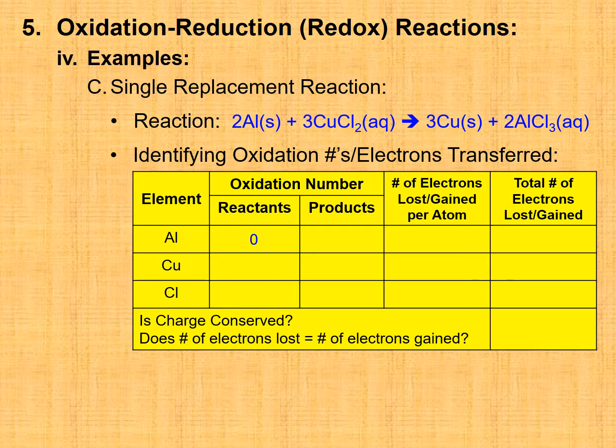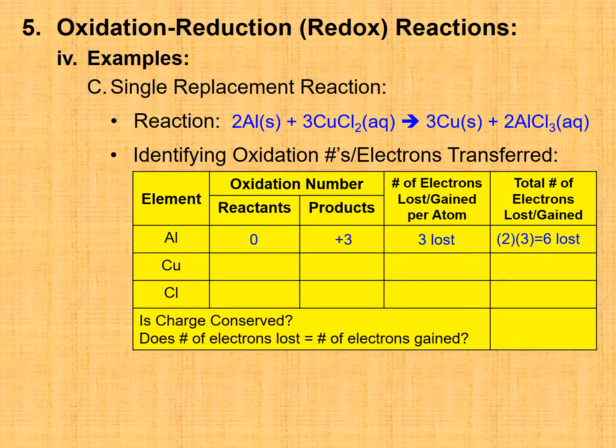But when it combines with the chlorine to form aluminum chloride, it becomes an ion with a charge of +3. This is because it has lost 3 electrons in forming the 3+ ion. Because we have a total of 2 aluminum atoms in the reaction, a total of 2 times 3 electrons, or 6 electrons, are lost in the process.